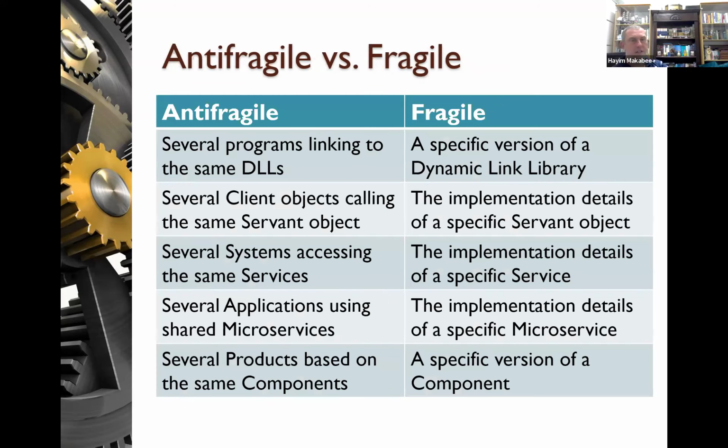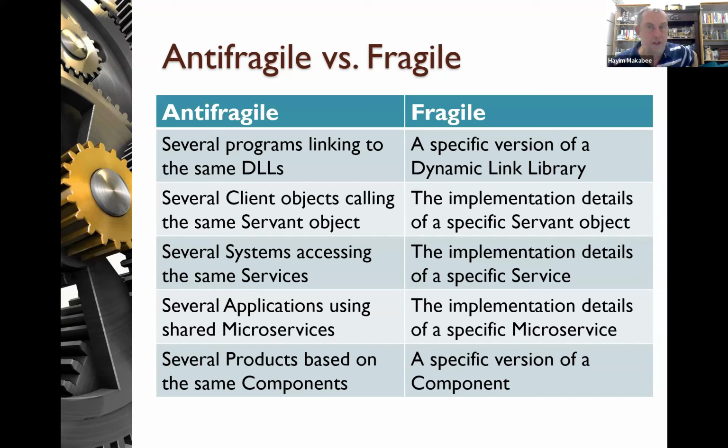So let's see here, this table is the summary of what we discussed until now. On the left side, we see what is anti-fragile, and on the right side, what is fragile. If you have many programs that are linking to the same dynamic link library, this is anti-fragile.